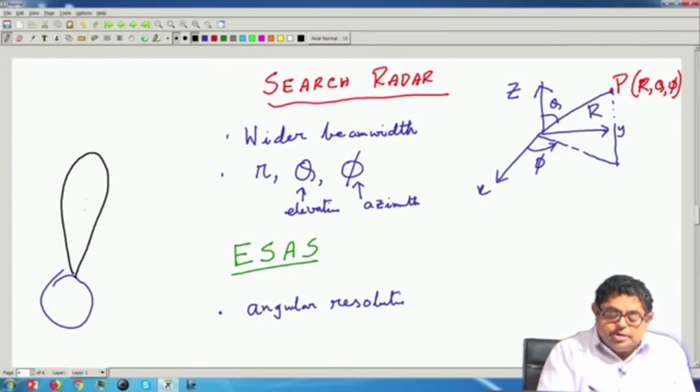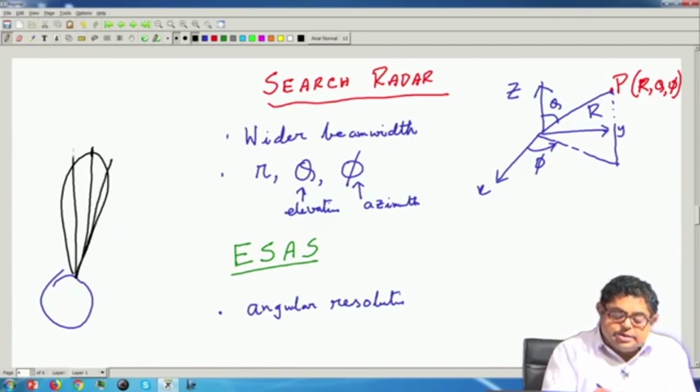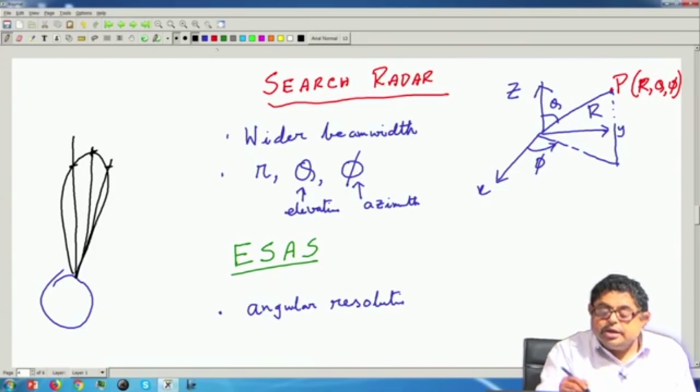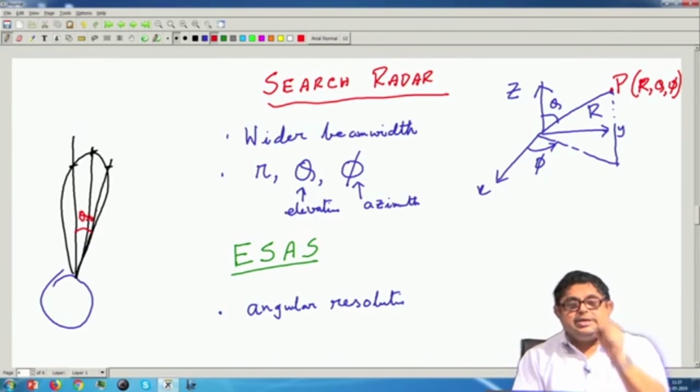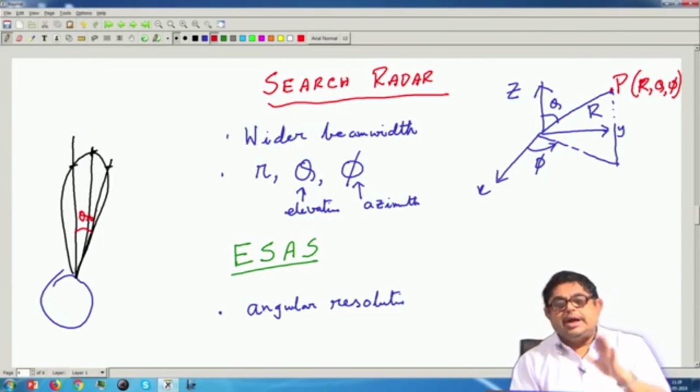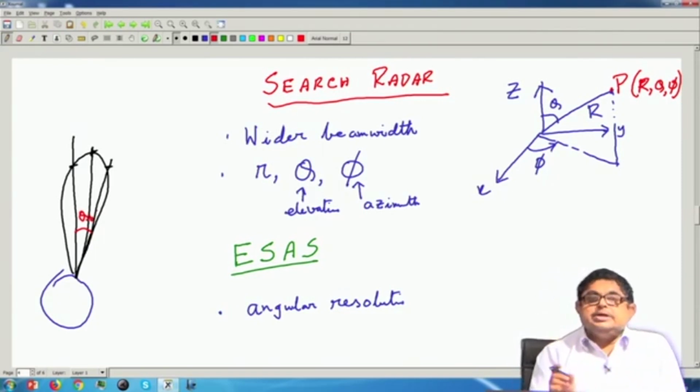Beam width means what? This is the peak. I take two lines, generally at 3 dB down from the peak, which we call the 3 dB beam width. The angle between these two lines is called the beam width theta b. Anything within this sector theta b, we call it the same angle.